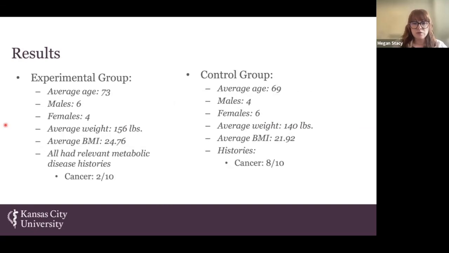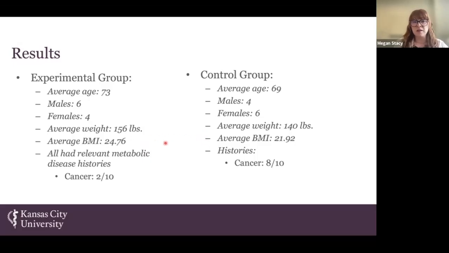As far as results, first, I think it's important to discuss the metrics that we wound up having between the two different groups. We see here, average ages weren't terribly different. Distribution of male versus female donors, not that different. Average weight, average BMI.